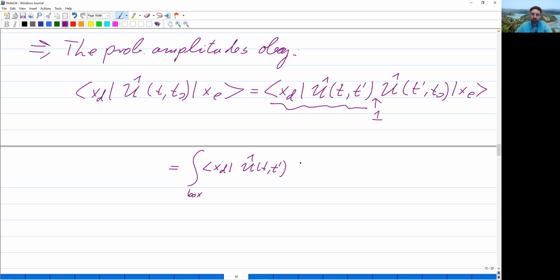And then we insert the resolution of the identity, namely |x tilde⟩⟨x tilde|, together with the integral here. This is an integral over all x tilde in R3, confined to the box because the particle is not supposed to be able to come out of the box. And then û(t prime, t naught), I'm just carrying forward what we had over here, and then we have here d3x tilde.